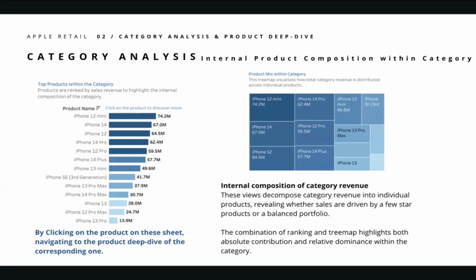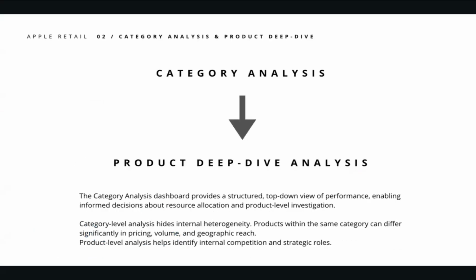In many categories, revenue is concentrated in a few star products, with long tails of low contributing items. This reveals internal hierarchy and potential cannibalization within the category. Clicking on any product here allows us to navigate directly into the product deep dive analysis.